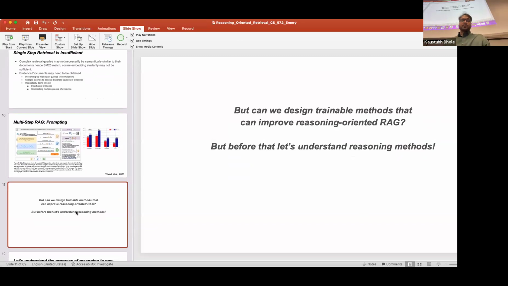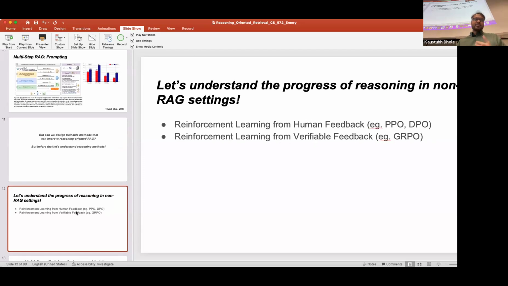So now the question is that the earlier one was a prompting-based method. Can we design trainable methods that can improve reasoning-oriented RAG? Before that, we'll try to understand what reasoning is essentially, and in that, we'll first try to understand two main approaches.